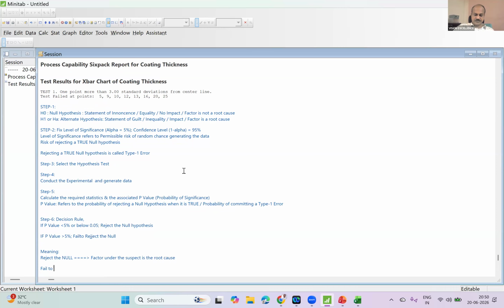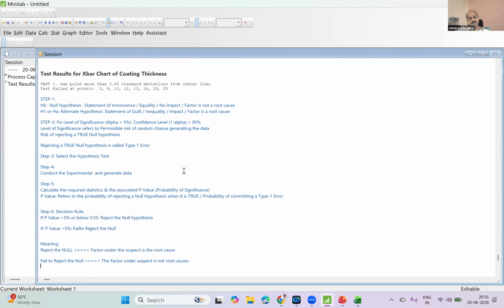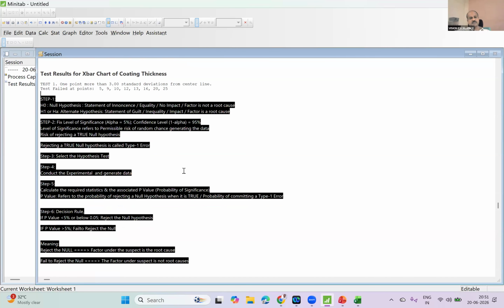If you fail to reject the null, the factor under suspect is not the root cause. So this is the procedure you must follow for validation of root cause. How many steps are here? 6 steps. Simply go through the 6 steps, and wherever you have issues, please ask me. I'm here to clarify. Do you understand all the 6 steps?